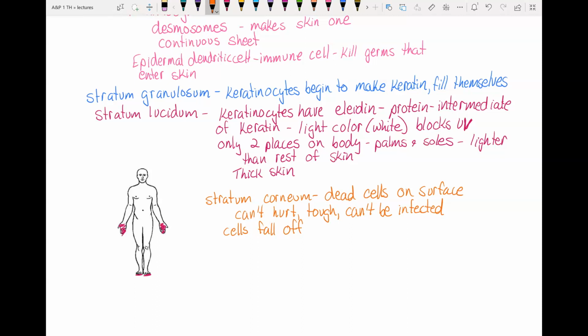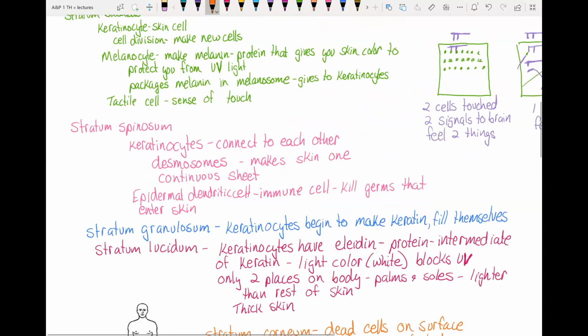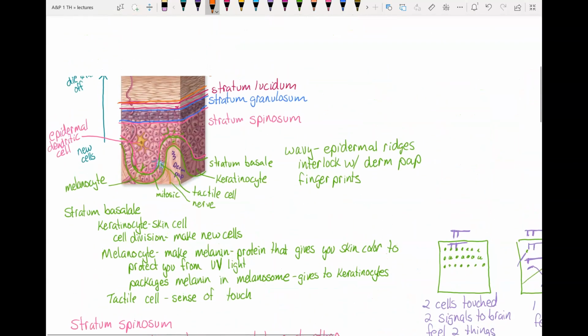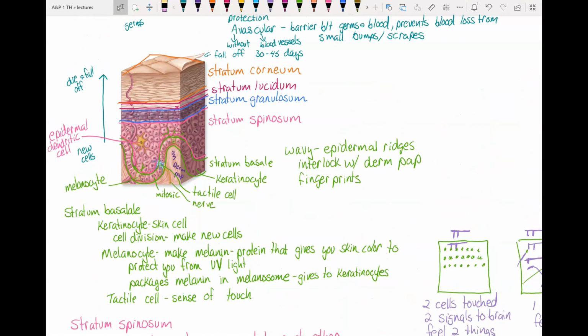You know how you can see that pinkish, tender skin underneath? That's what it's like if you lose the stratum corneum. Just barely touching it hurts. It's very prone to bleeding.